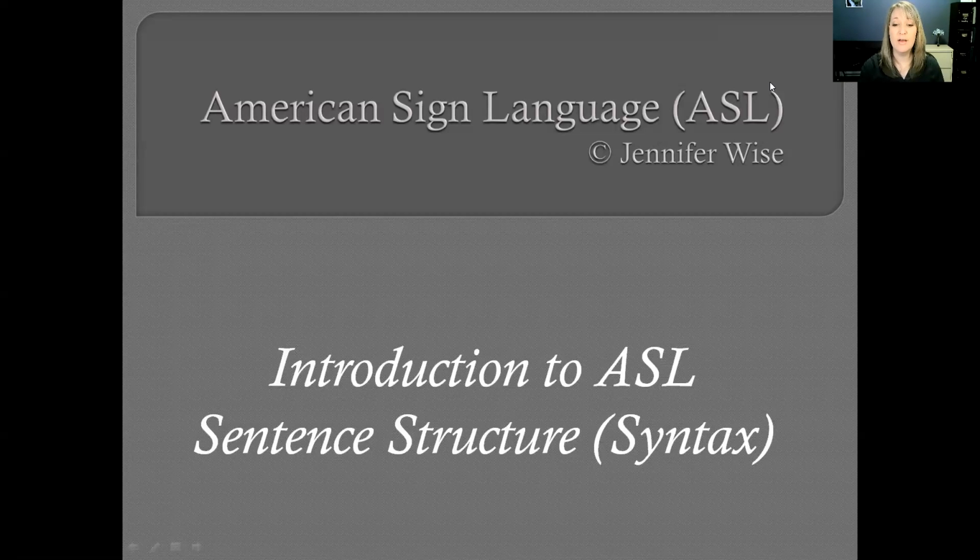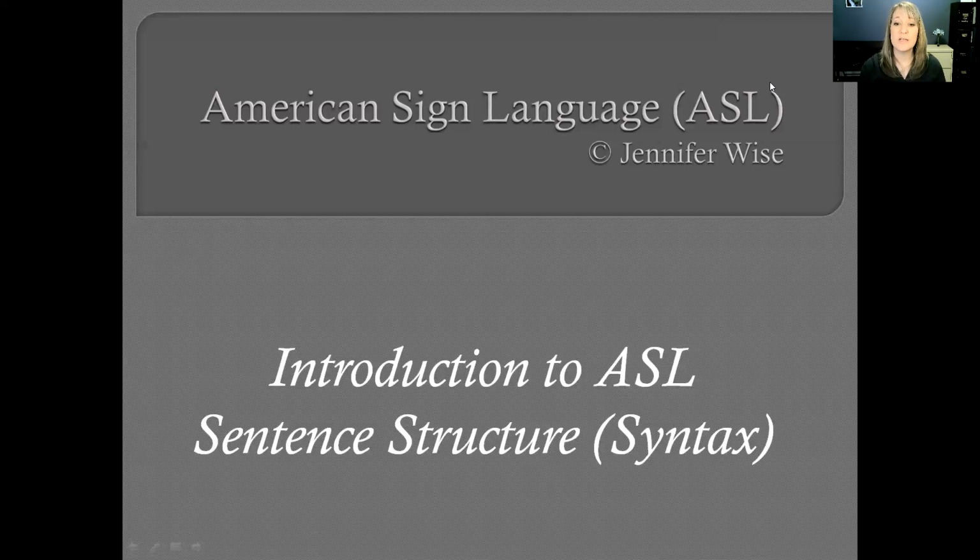As you know by now, ASL sentence structure is not always the same as English. In fact, it's usually different. So although ASL 1 is mostly a vocabulary building class and an introduction to deaf culture, sentence structure is more prominent in ASL 2 and 3 classes and beyond.